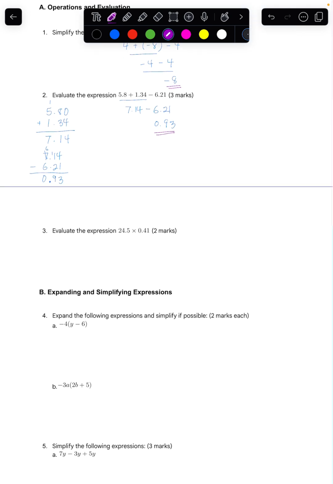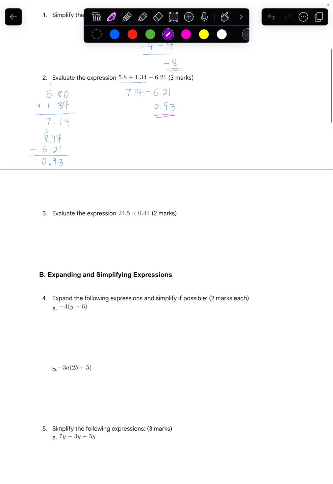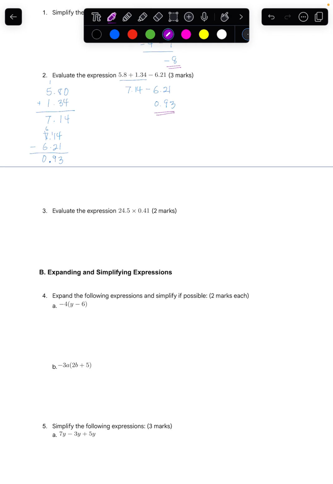Next, it says evaluate the expression 24.5 times 0.41. Let's work through this. So I'm going to write it out vertically. 24.5 times 0.41. Okay, so a key difference when we're multiplying is that we don't need to line up the decimals, but we do need to pay attention to how many decimal spaces there are.